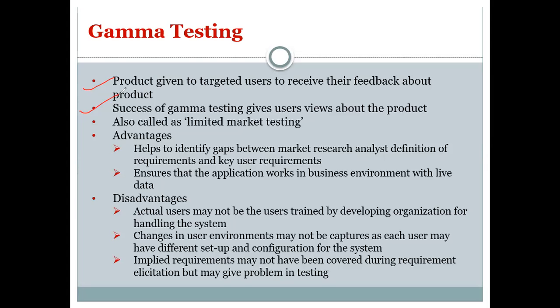Suppose you want to buy one washing machine, say from the company LG. You will go to the website and check the ratings from the LG customers. They will be saying, okay, this product is very good, it is working properly on very dirty clothes, it is consuming less electricity, and it is reasonable for the pocket.